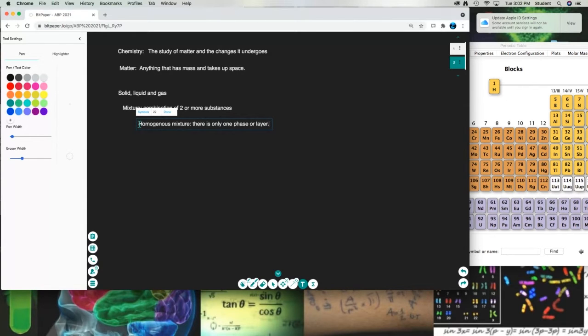So whenever I make iced tea, I take the tea and the water and I create this liquid, right? That's brown. It's one phase. Do you understand what I mean by that?